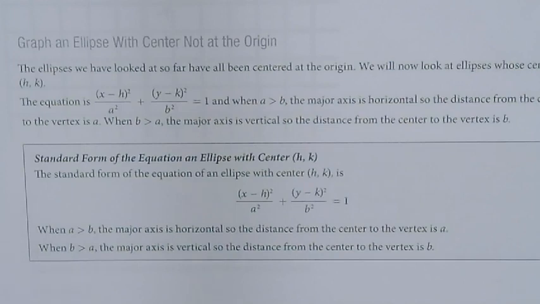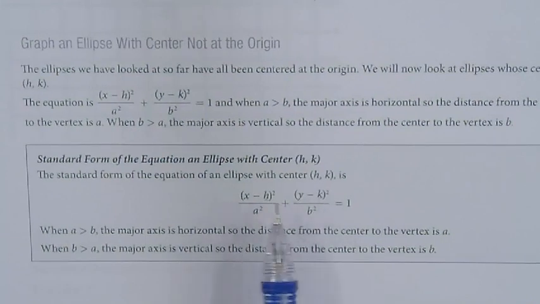Okay, so you can probably guess we don't always have an ellipse with the center at the origin. So this is the equation, how it changes just a little bit when we have the center not at the origin. So this is with a center of H, K. We'll put H and K in with our X and Y squareds.